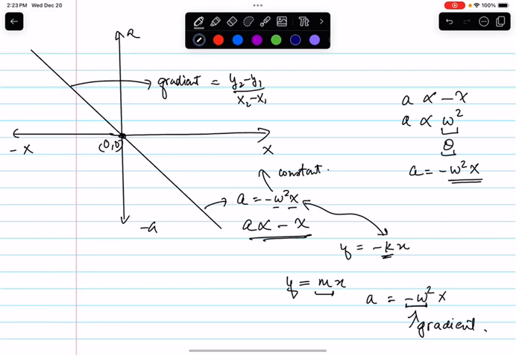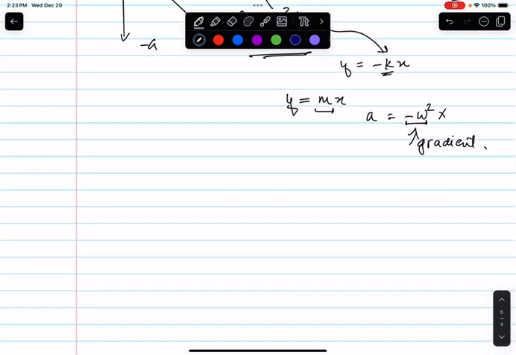And because the acceleration is negative omega squared x, the gradient of this graph becomes negative omega squared. That's what the gradient of this graph ends up becoming, right?